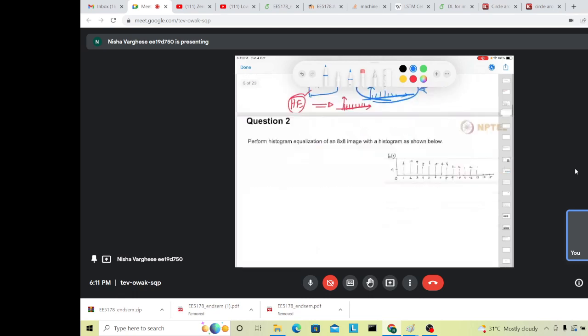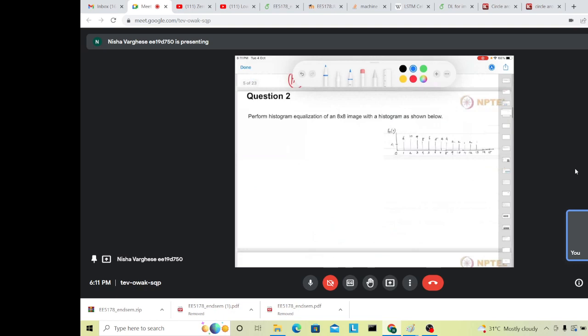Then this is the question given in class itself. Perform histogram equalization of an 8x8 image with the histogram shown below. If you have gone through the videos, you have an idea how we'll get the histogram equalization of this image. We have an 8 by 8 image, so 64 pixels will be there.